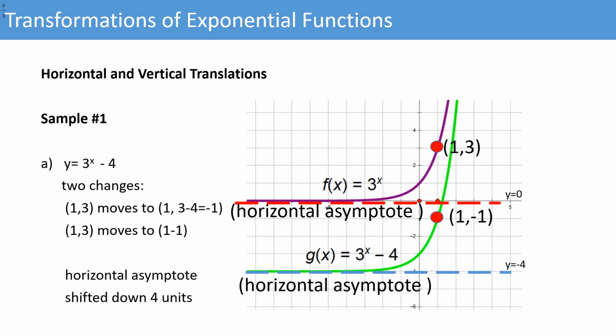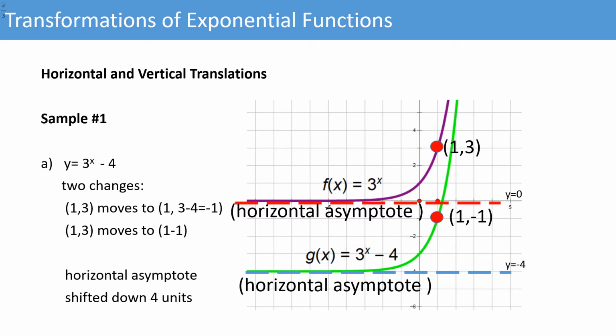If we take a look at sample number 1, the first thing we did is graph the parent y = 3^x. We have that represented on our graph with the purple graph and the dotted red line that represents the asymptote.